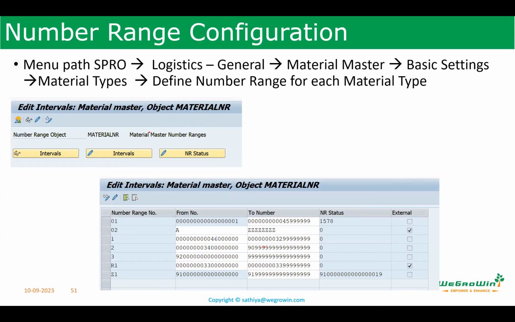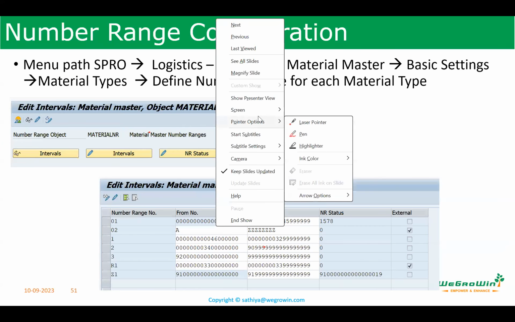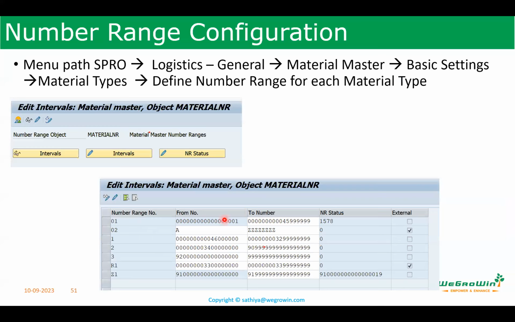If we define them as a pure number, then it is only numbers. For example, if you define like A to ZZZ, it will be alphanumeric. These are number range numbers. External number ranges are normally given for alphanumeric. External means we can give the number like what we did now, SGMC-TRNG, like that.